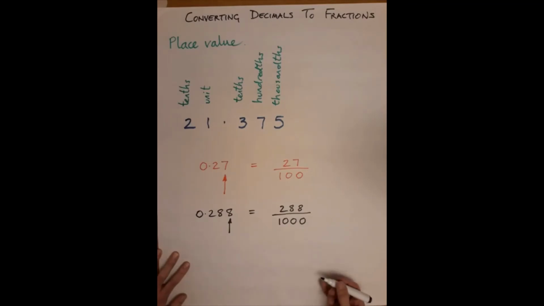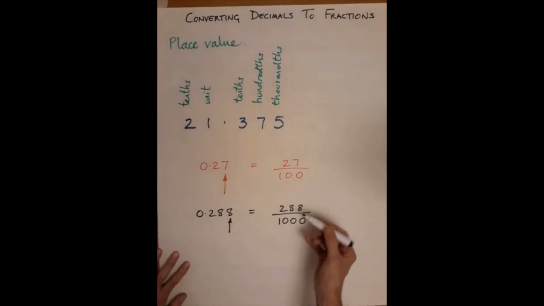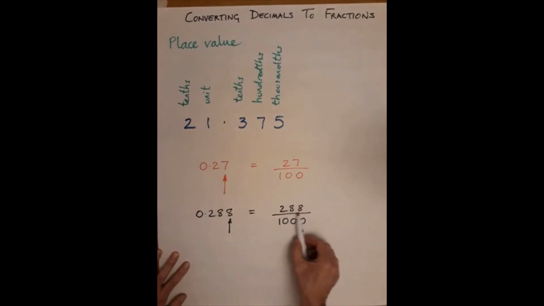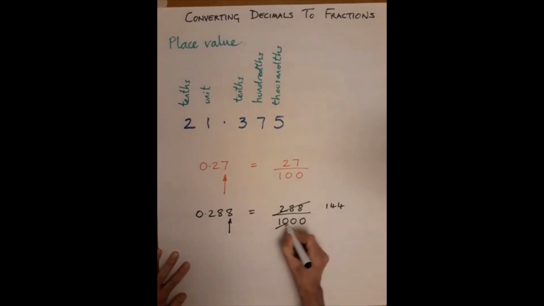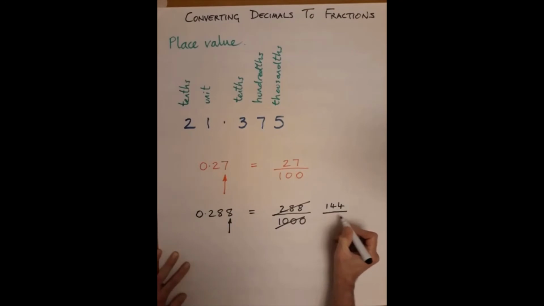Let's have a look at doing that now. I can't think of a single large number that will go into the top and the bottom, but I do know that because they're both even, 2 will go in there. So 2 into 288 will give me 144. 2 into 1000 will give me 500.